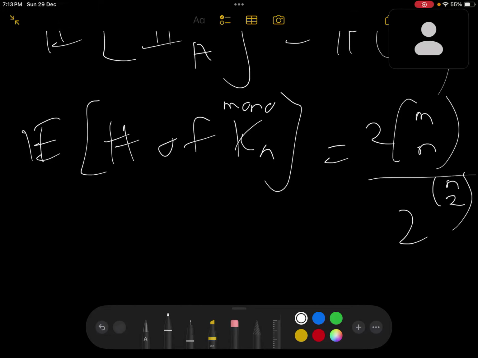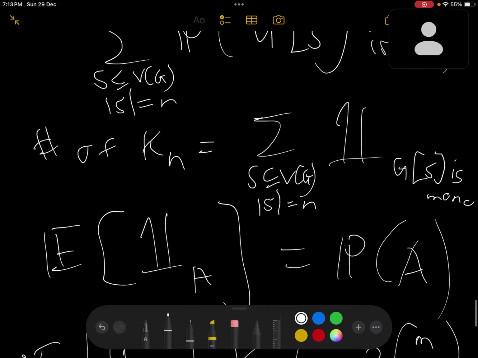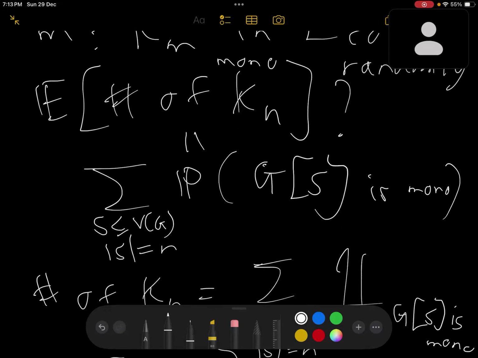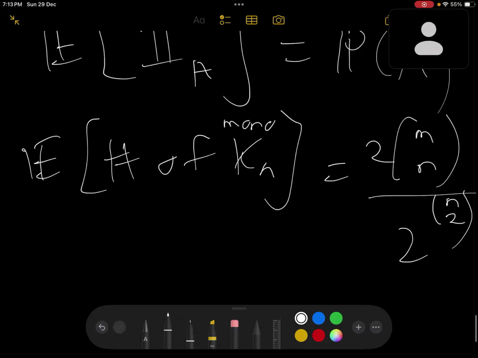Something like this, right? Now, this is the exact thing, because linearity is exact. There's no inequality here. It's exactly equal to this.